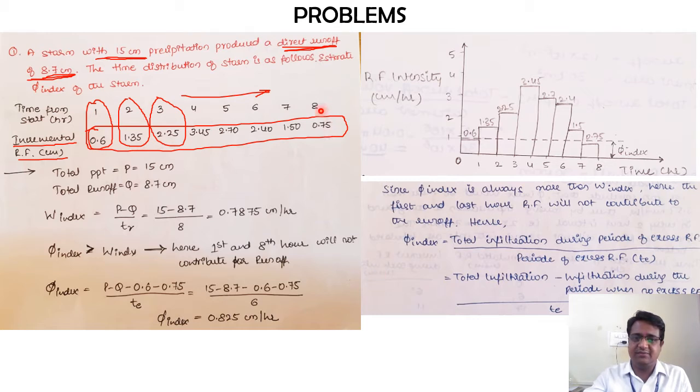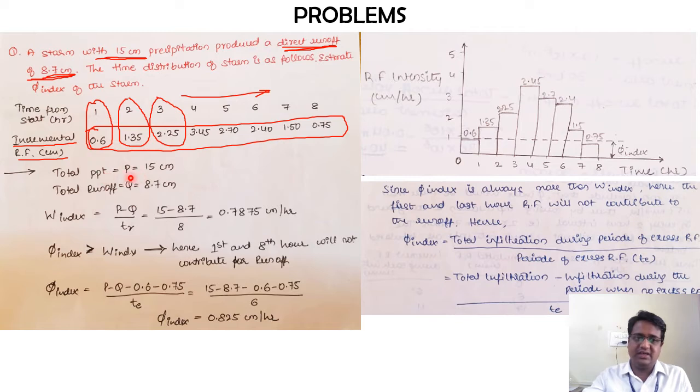If you add up all these numbers, 0.6, 1.35, 2.25, 3.45, 2.7, 2.4, 1.5 and 0.75, you will again end up with 15 centimeters. You can check it out. Even this 15 centimeter is already given in the question. Even if they don't give it, you need to add up all these things to get the total precipitation.